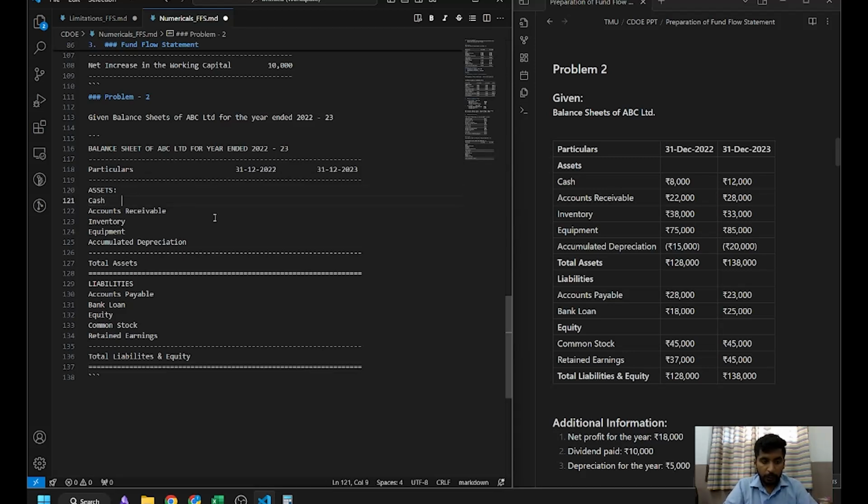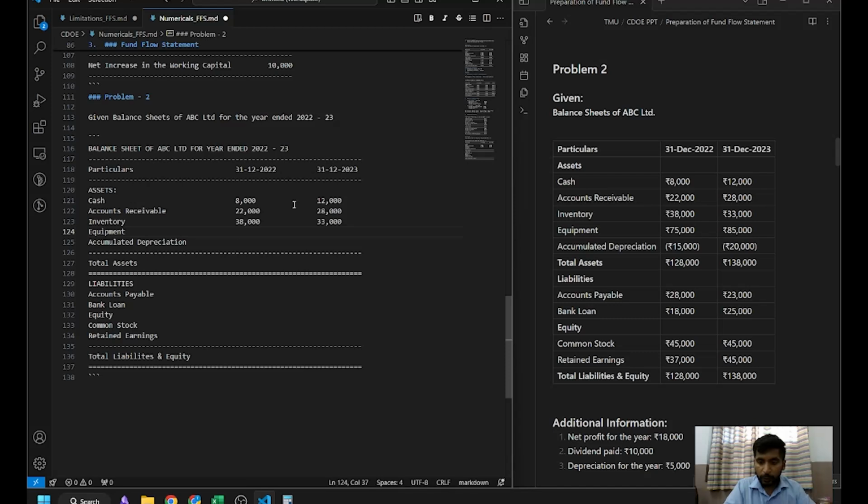For the year 2022, we have the cash of rupees 8,000, and for the year 2023, the cash is rupees 12,000. The accounts receivable for 2022 is 22,000, and for 23 is 28,000. Inventory for the year 2022 is 38,000, and inventory for the year 2023 is 33,000.